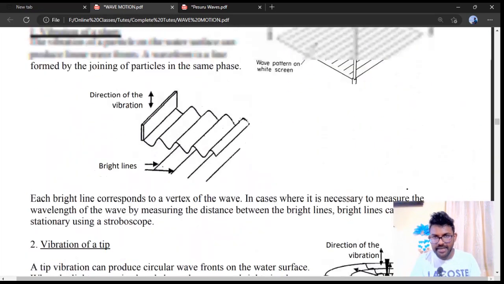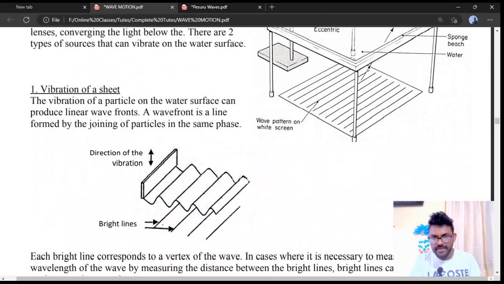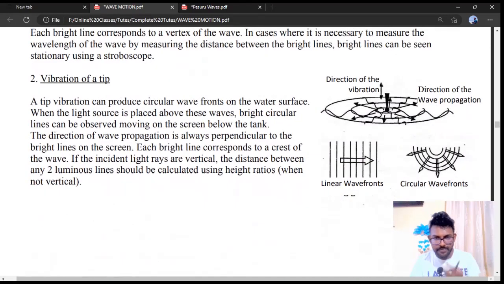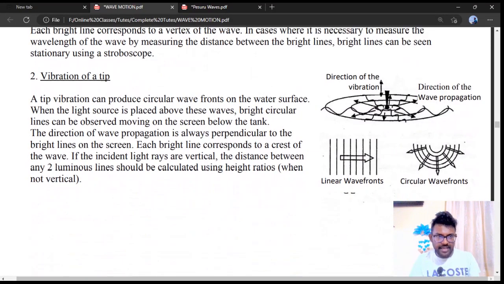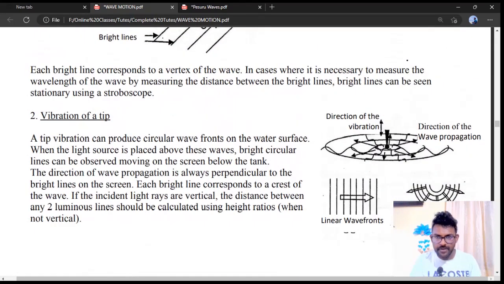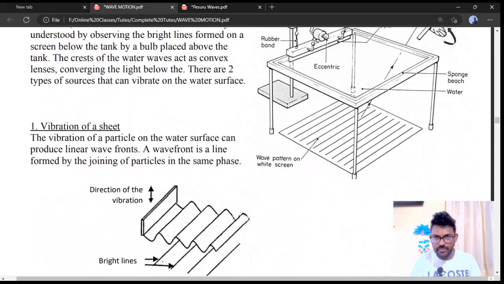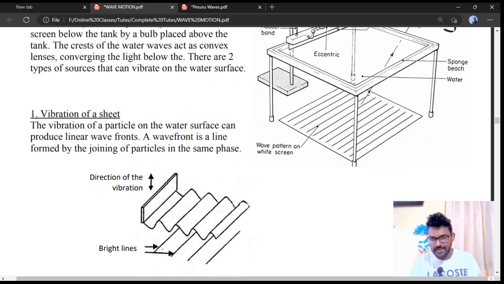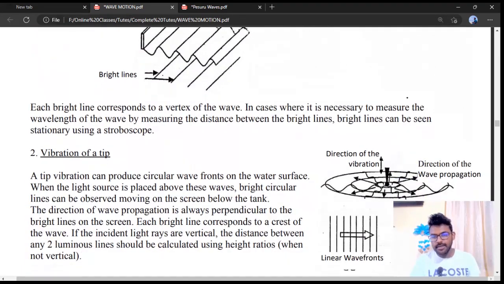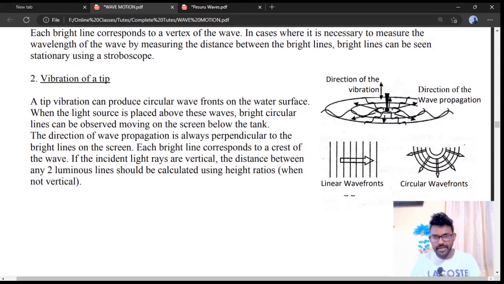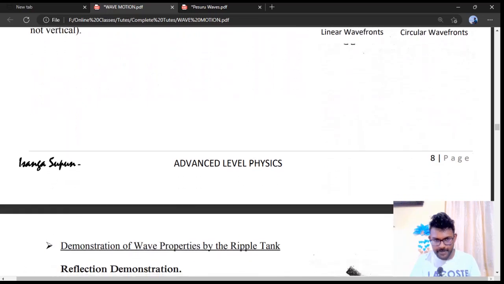So the bright lines will be showing circular wavefronts, right? So that's how we can construct a wave or construct a pulse. Here we can't just construct a single pulse. Most of the time it will be a continuous wave that we are constructing. So those are the two types of wave that we can see.